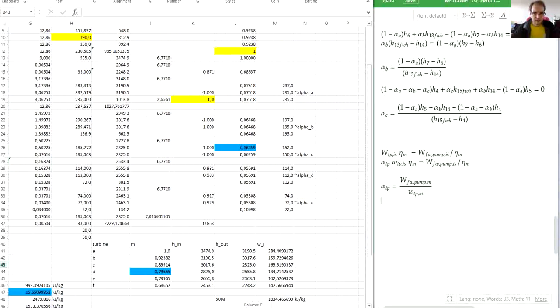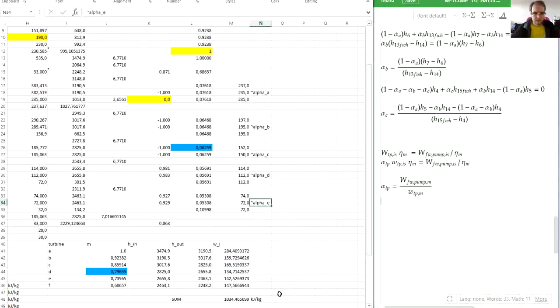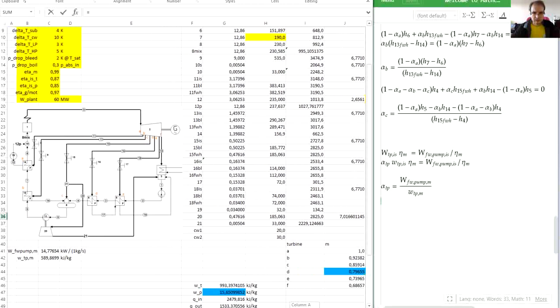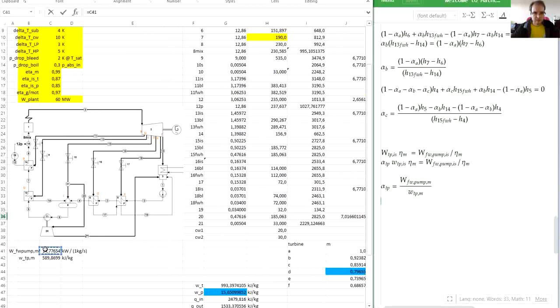So we can put it, for example, here, at 0.20 alpha Tp, and the mass flow rate will be just a ratio of the absolute work divided by the unit work of the small turbine.